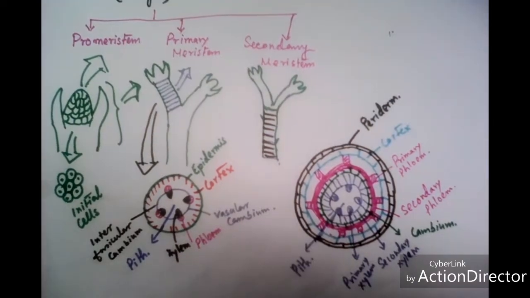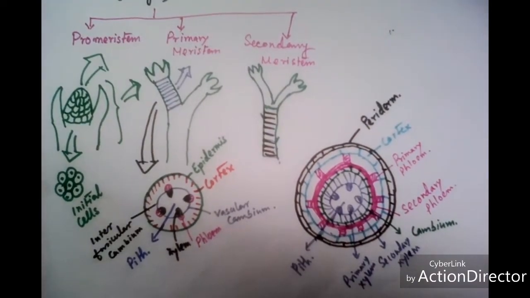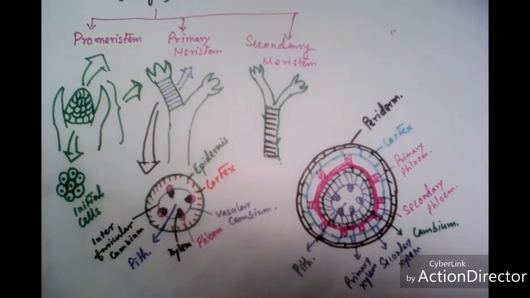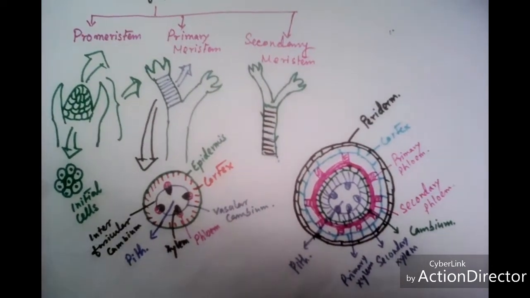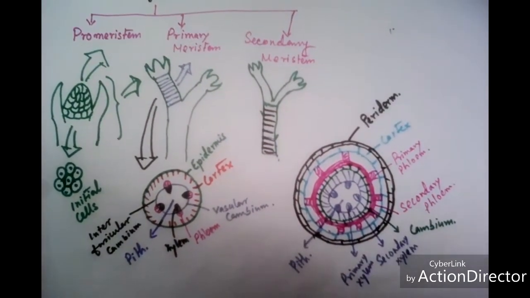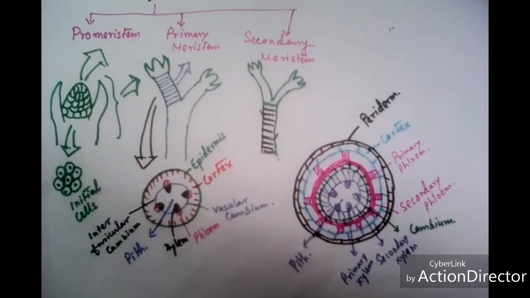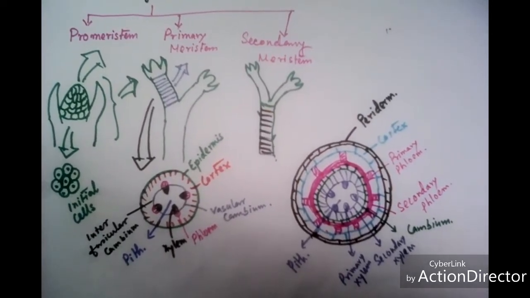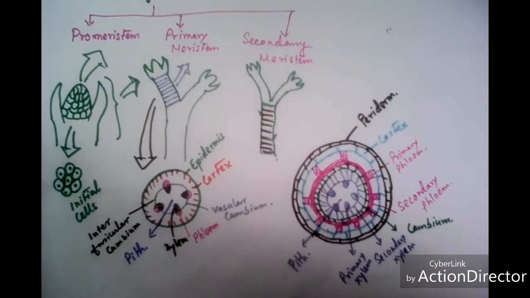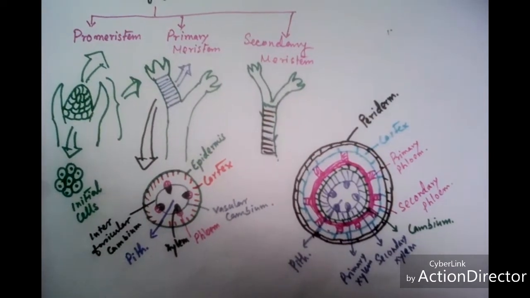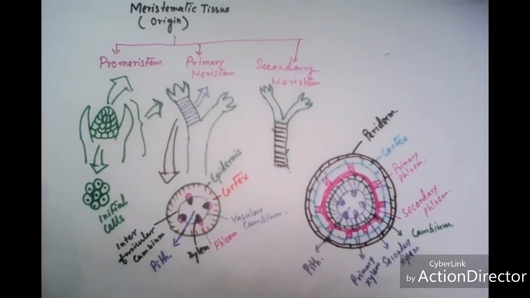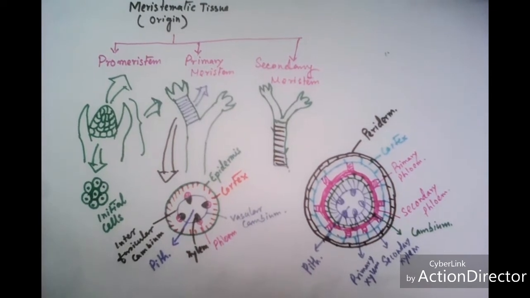So this is the structure of the secondary meristematic zone. The secondary meristematic zone is harder than the primary meristematic zone because of secondary xylem. So these are the types of meristematic tissue on the basis of origin.